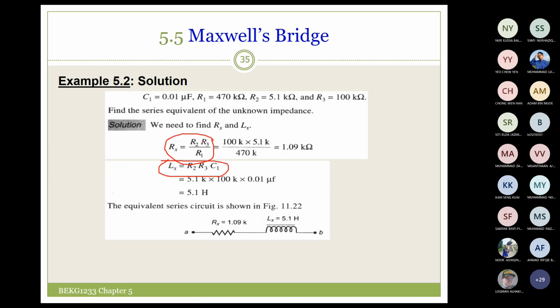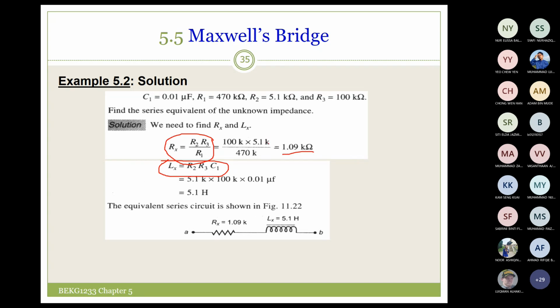So you can find Rx by putting in the values R1, R2, and R3, and then you find that the value of Rx is 1.09 kilo ohm, while for the Lx it is R2, R3, and C1.